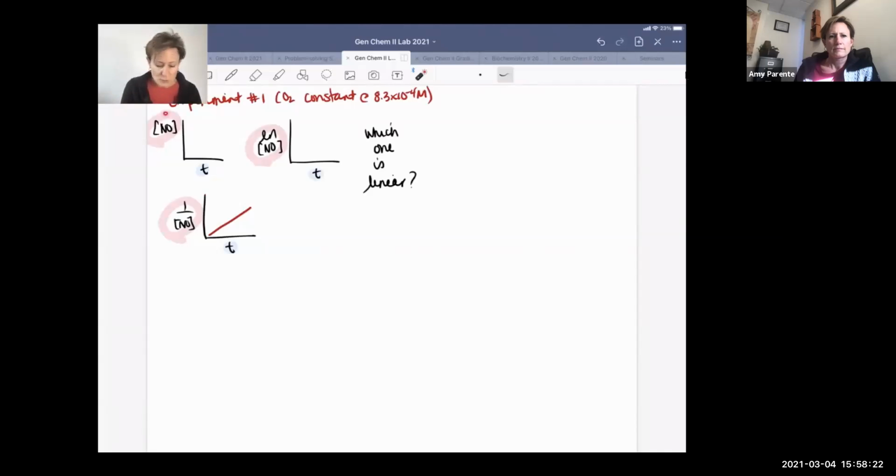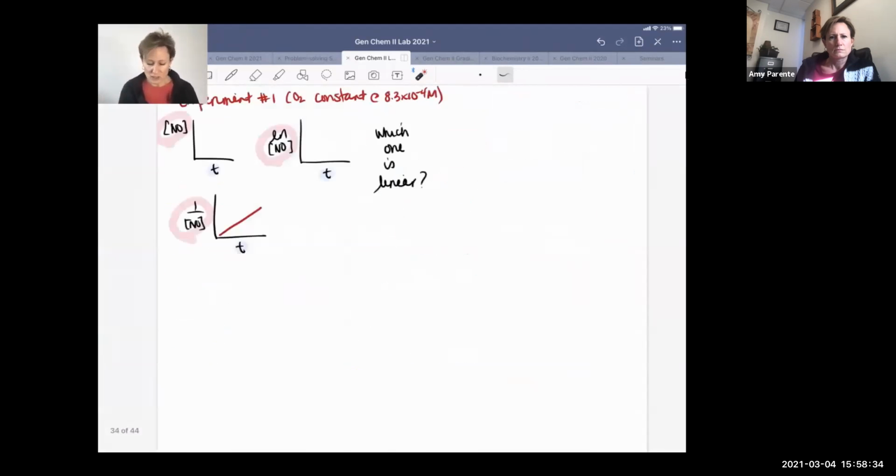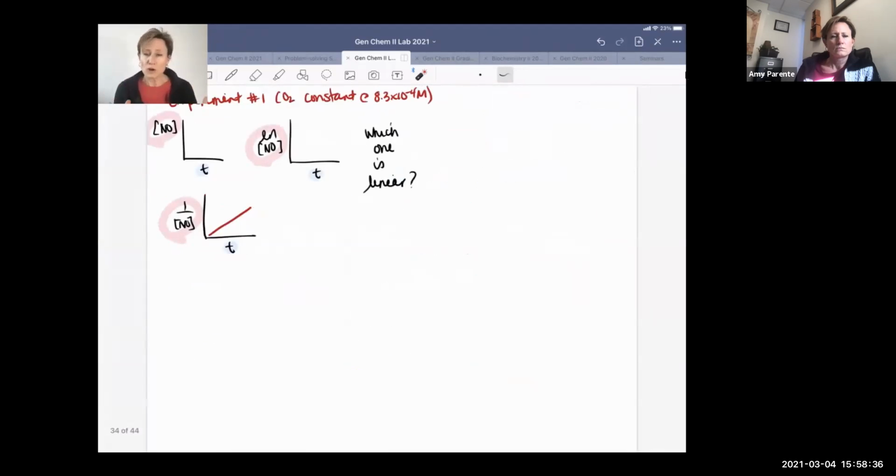So what we're going to do with experiment 1 data is we're basically holding oxygen concentration constant, and then we're looking at how the concentration of NO changes, and we see resultant changes in reaction rate. So what we're going to do is plot 3 different things as a function of time.